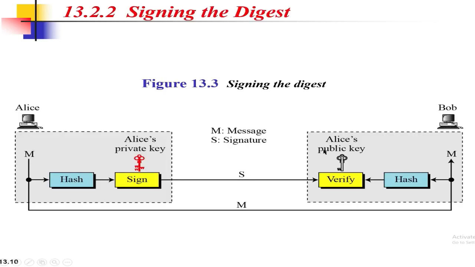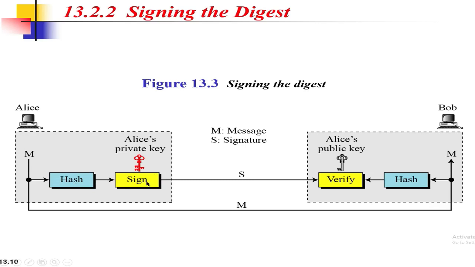So now, signing the digest. We can achieve both authenticity and integrity together by using this process. As you can see, if Alice is the sender and Bob is the receiver, the plaintext or message is first passed through the hash algorithm, then the output of the hash algorithm, which is the digest, is passed through the signing algorithm using Alice's private key.